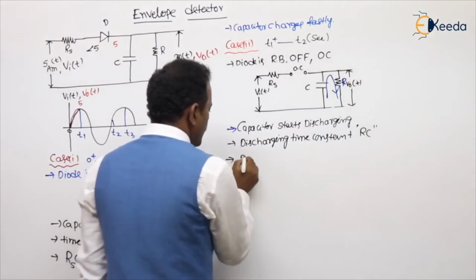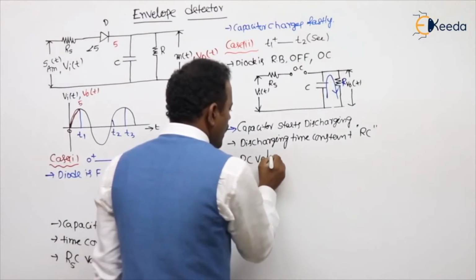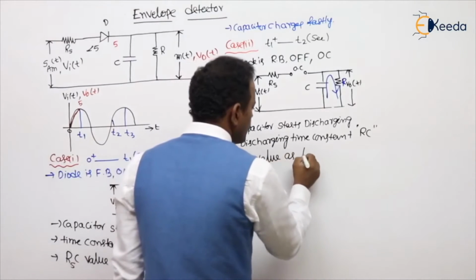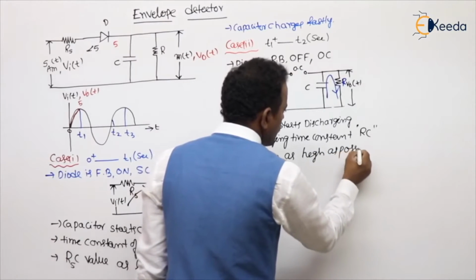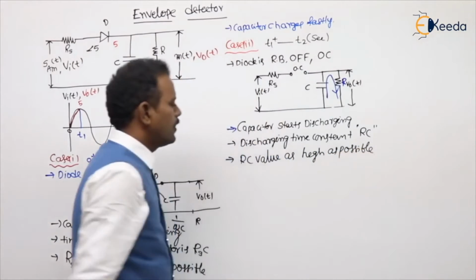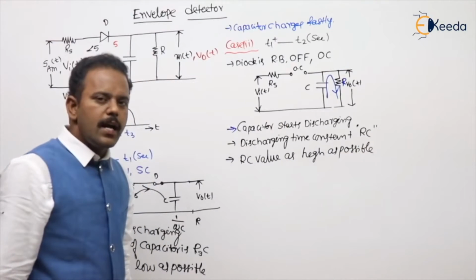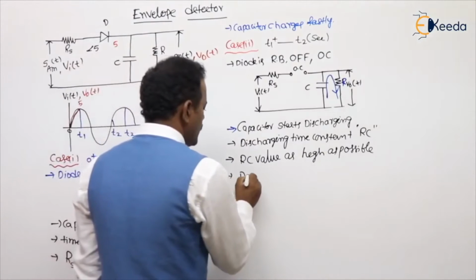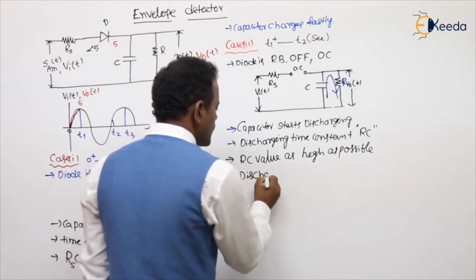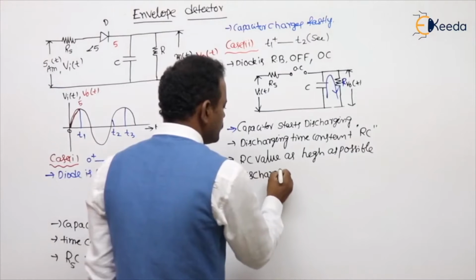I will maintain the RC value as high as possible. If the RC value is as high as possible, then the discharging of the capacitor is slow.